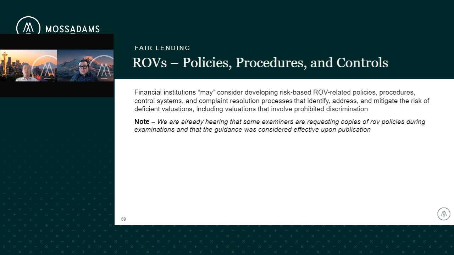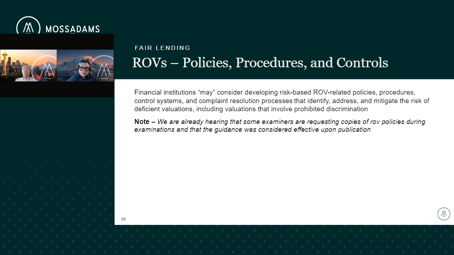And it also stated that financial institutions, quote, may consider developing risk-based reconsideration of value related policies, procedures, and control systems and complaint resolution processes that identify, address, or mitigate the risk of deficient valuations.